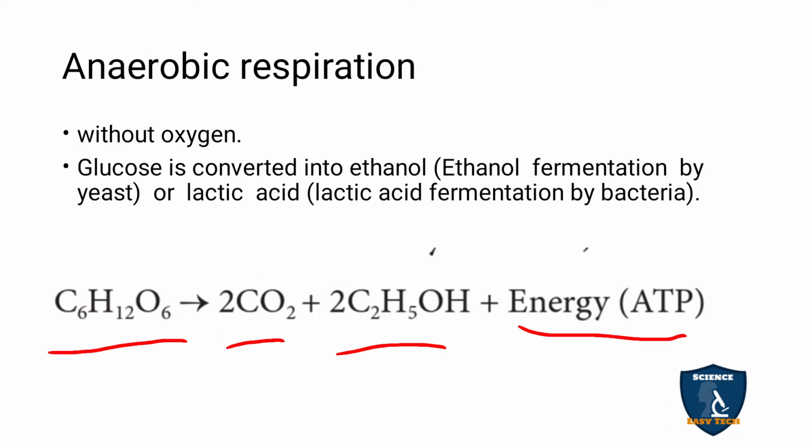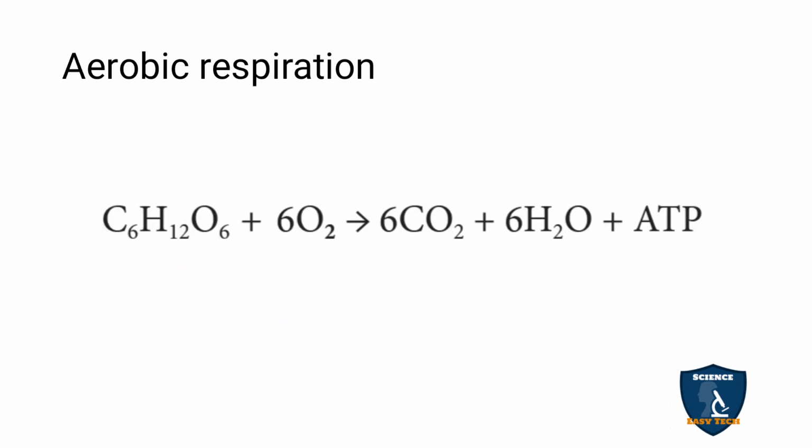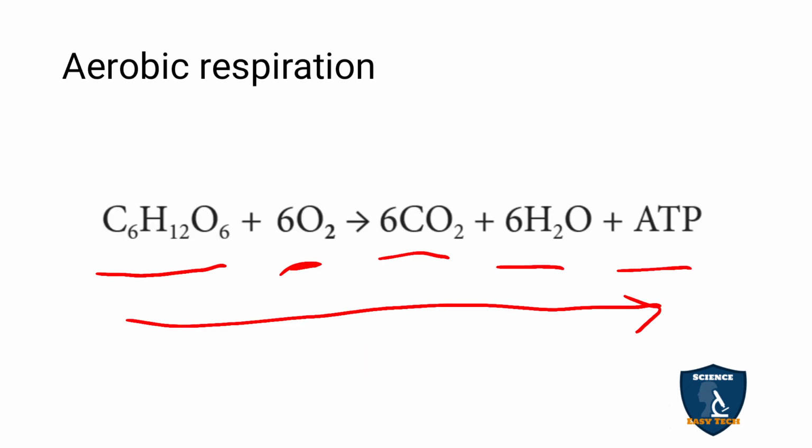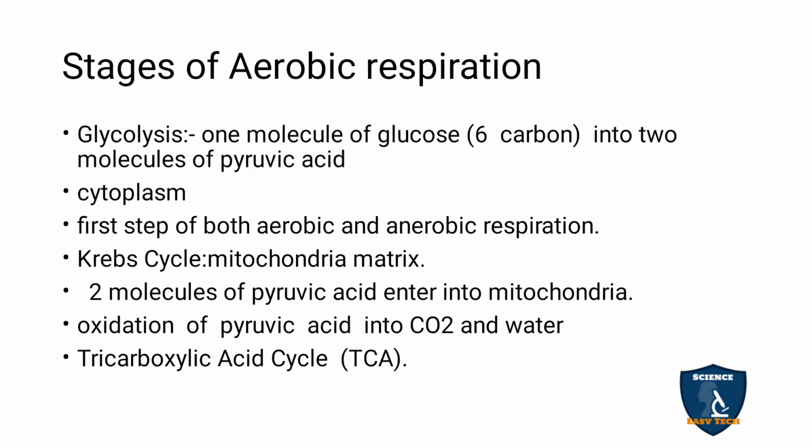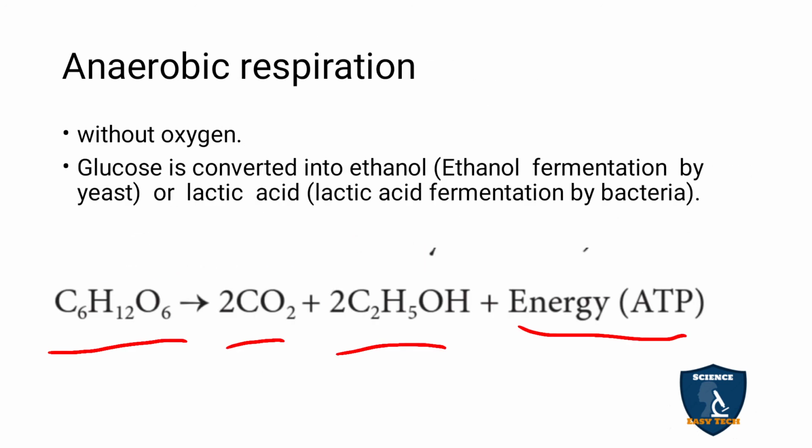For example, I will give the first reaction, the overall reaction. Here carbohydrates plus oxygen gives carbon dioxide plus water and ATP. So here how many oxygen were used? 6 oxygen. And how many carbon dioxide were liberated? 6. Keeping this in mind, I will show the formula.